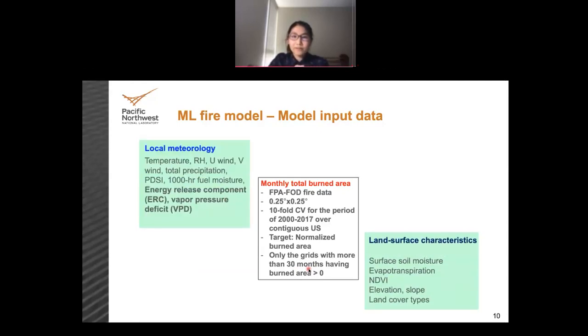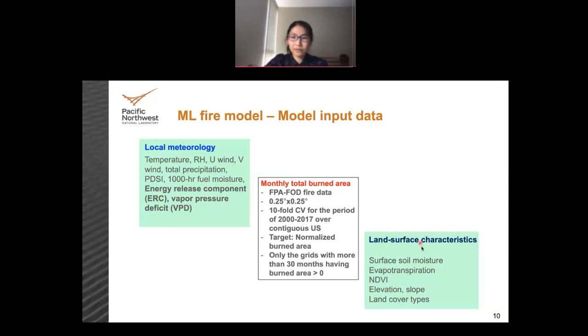And then we have several types of predictors that we use. First we have the local meteorology, including temperature, RH, U wind, V wind, precipitation, PDSI, the drought indicator, fuel moisture, energy release component, and vapor pressure deficit.